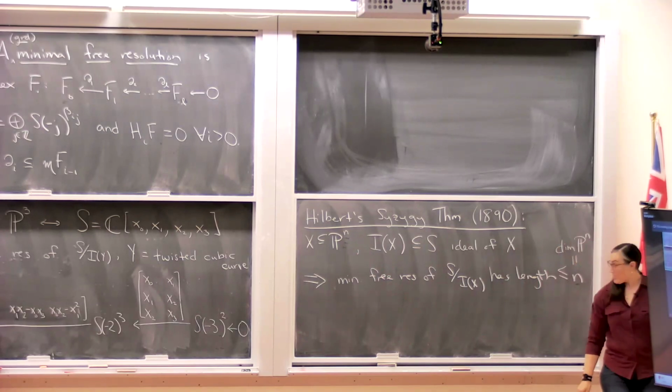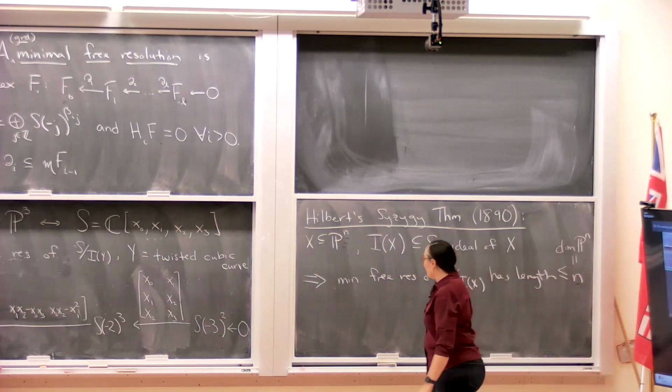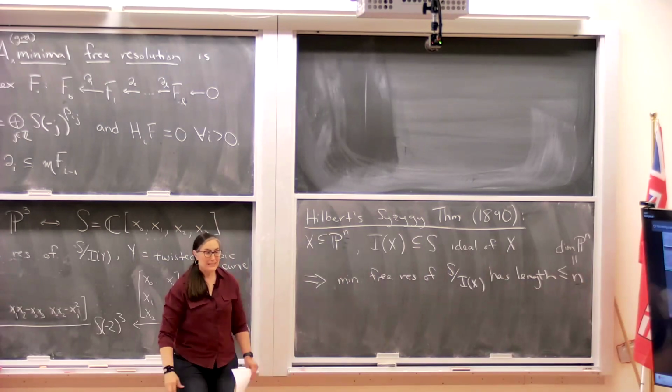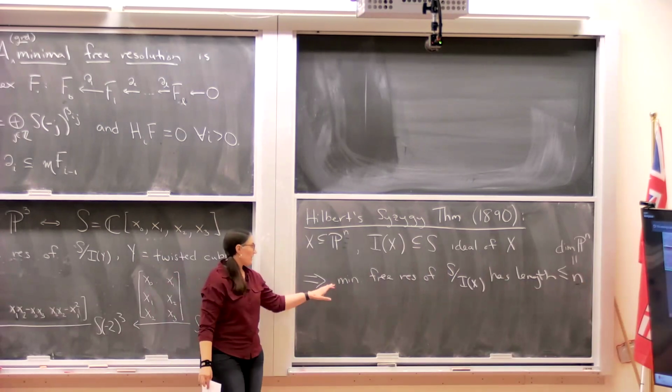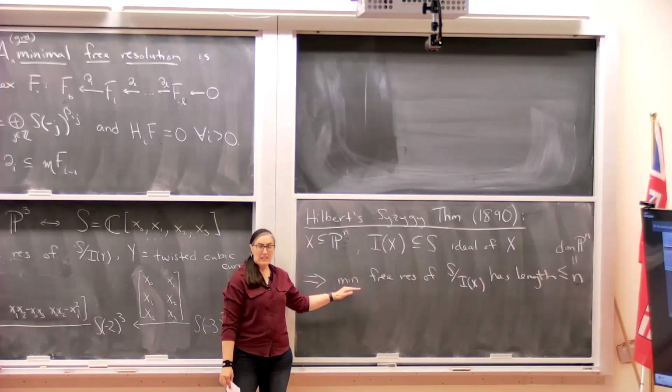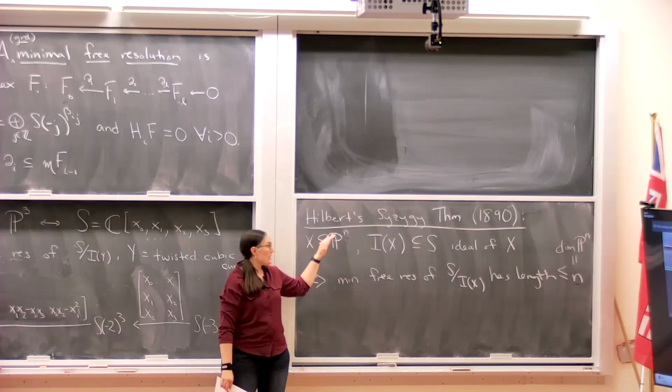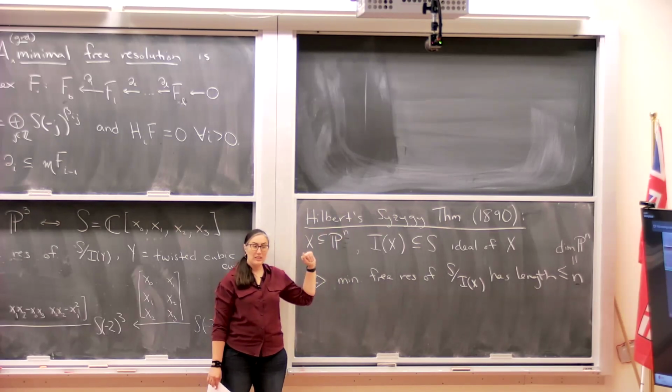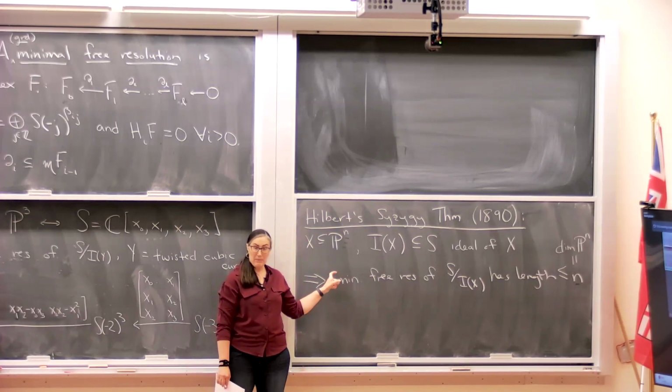And so this is one instance of being able to see a geometric invariant getting involved with the homological algebra on your space. And this is one small way. In fact, the reason Hilbert proved this theorem was he was looking at proving the existence of Hilbert polynomials. He did that in the same paper.